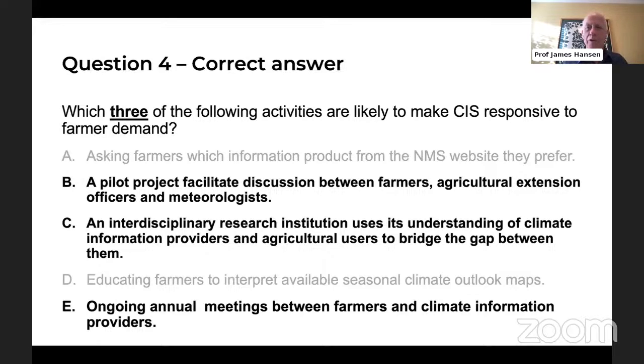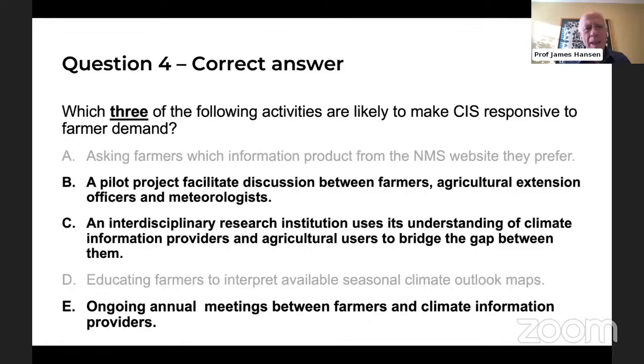So this is what we refer to as a boundary organization and boundary spanning. And ongoing annual meetings between farmers and climate information providers. Those are all effective ways to make climate services more demand responsive.